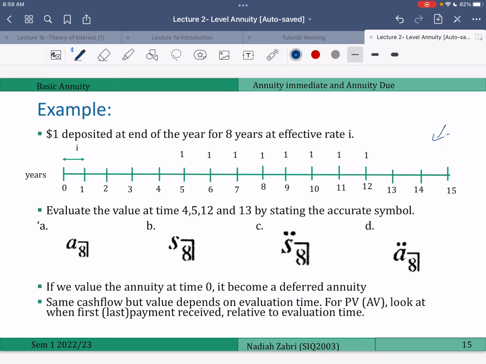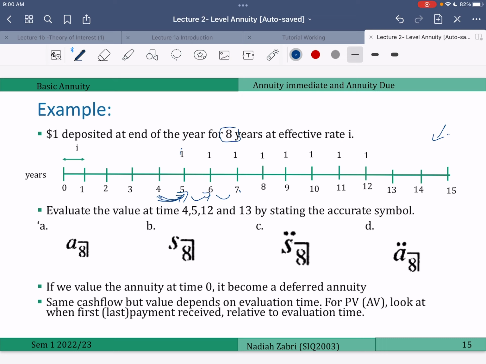It is the payment start at time 5 until time 12. So there is 8 years of payment, 8 years of level payment. So we can see this as an annuity immediate because it is paid at the end of the year. So this is the 5th year, so it is paid at the end of the 5th year, right? And this is at the end of the 6th year, 7th year.